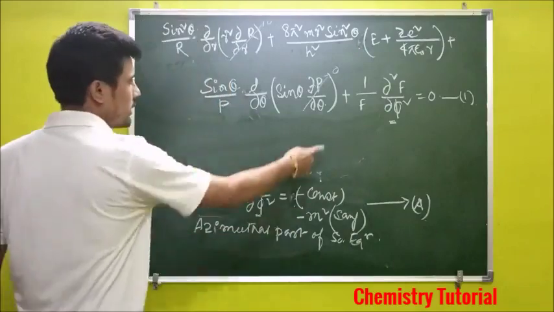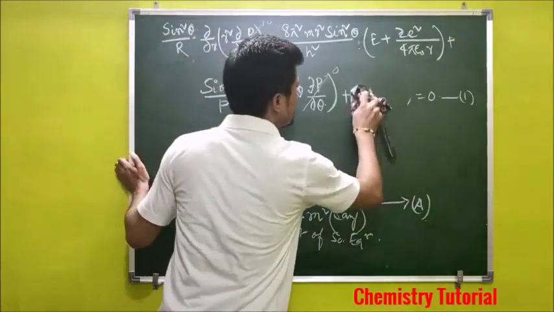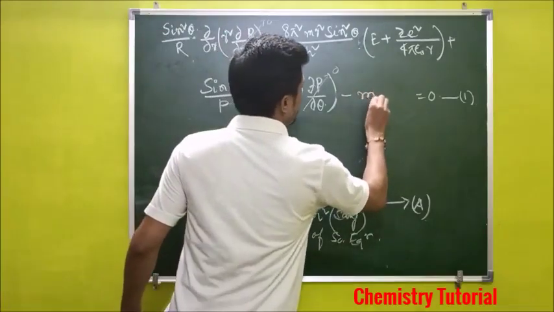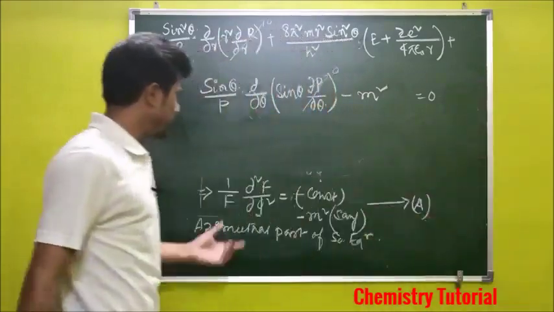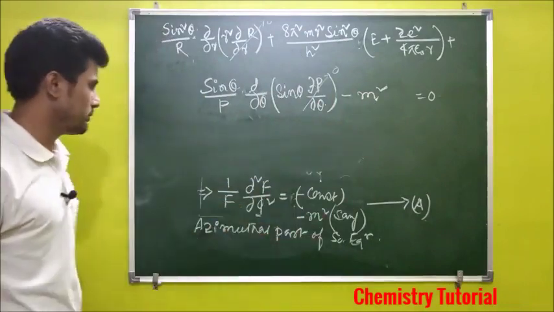In place of here you can write minus of m square. Okay, if we put this value in this equation, then this becomes m square.